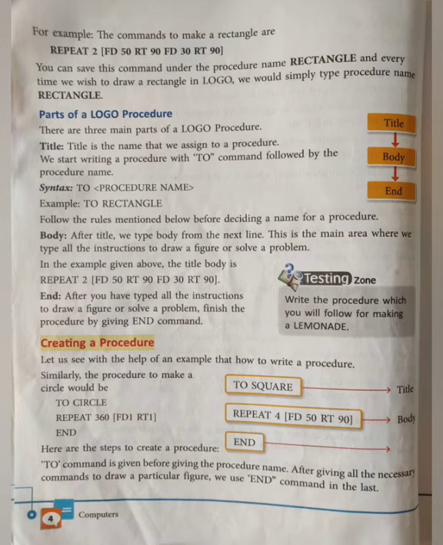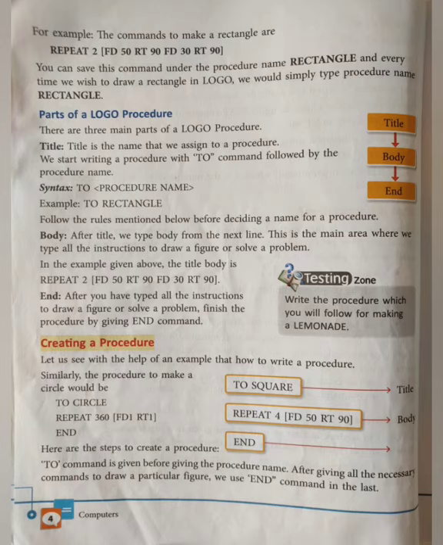After you have typed all the instructions to draw a figure or solve a problem, finish the procedure by using the end command. So end command means that it is the last command, finishing the procedure by giving the end command.